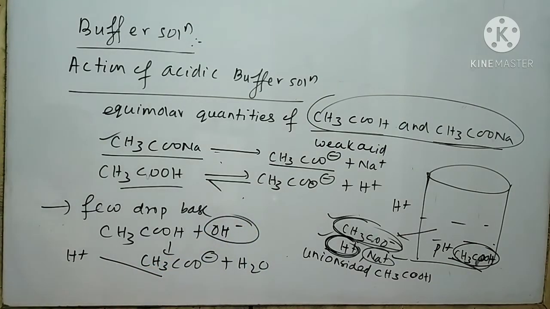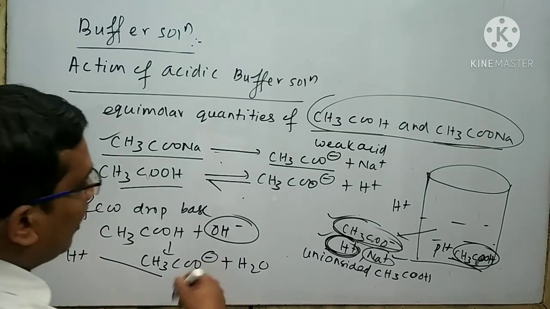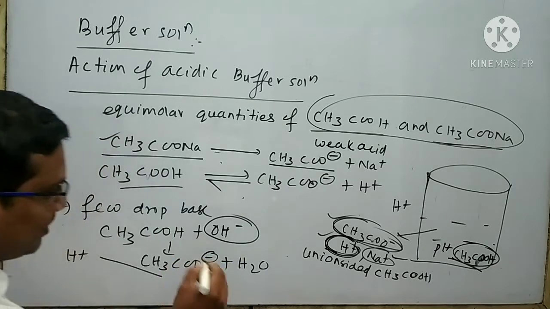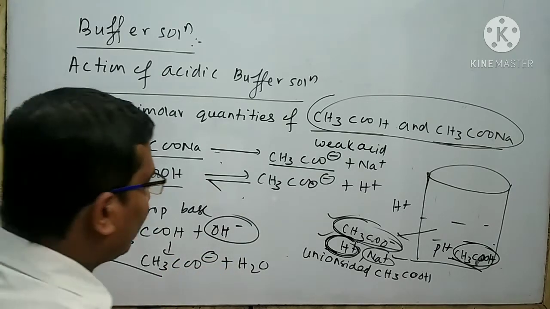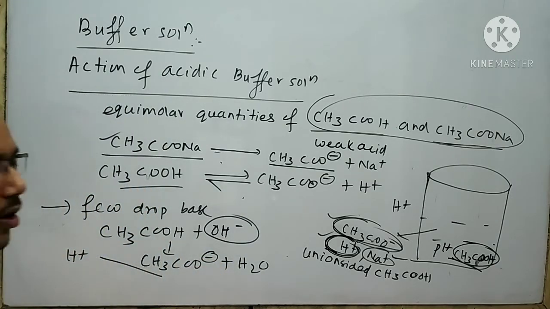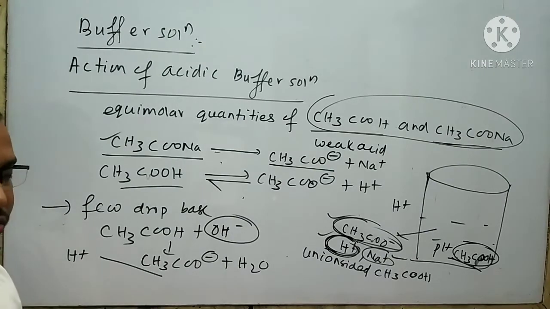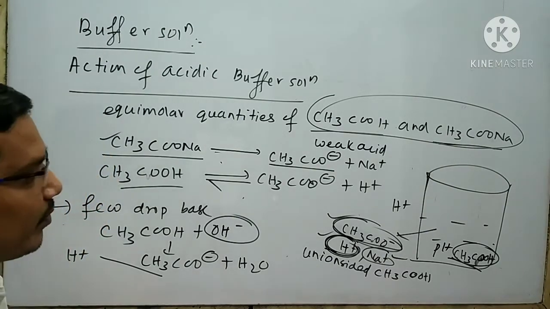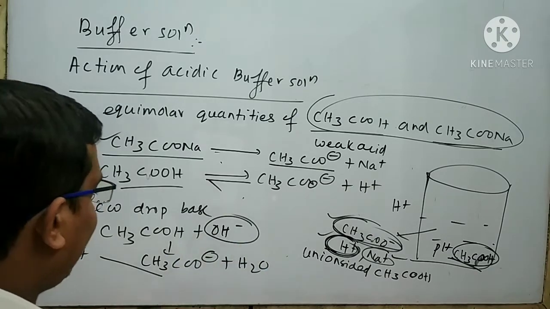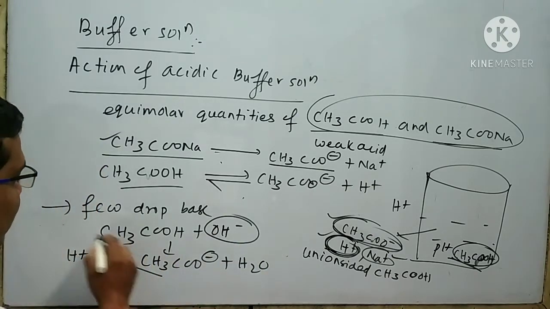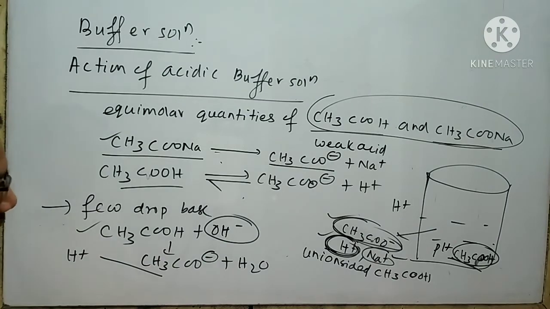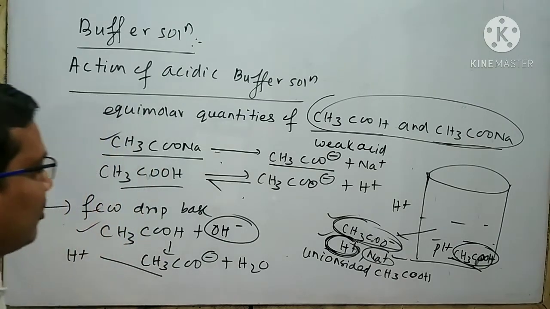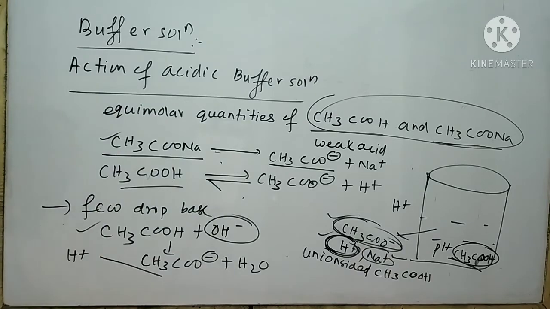As a result, the pH remains constant. If the added base, that means OH minus ion, did not react with the undissociated CH3COOH, then it would affect the pH value. But when we add it, such a reaction will happen. As a result, the pH will not be affected by the addition of a few drops of base.